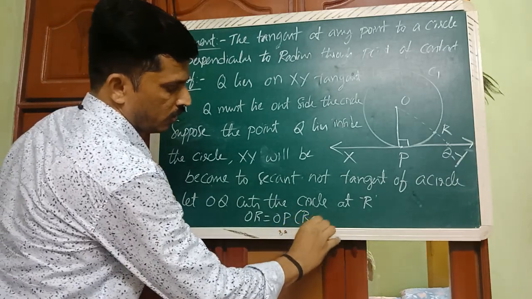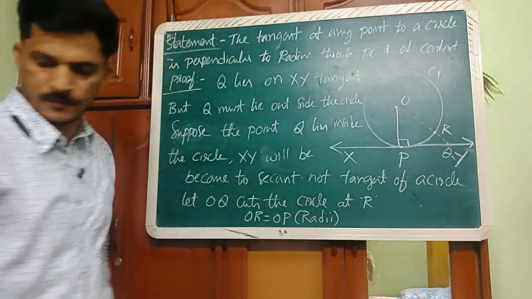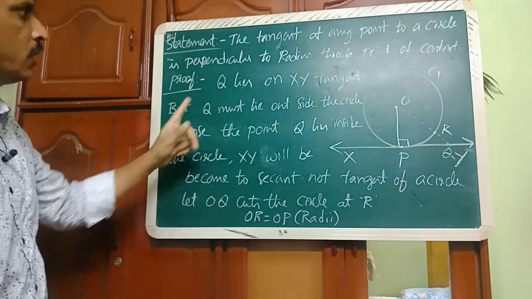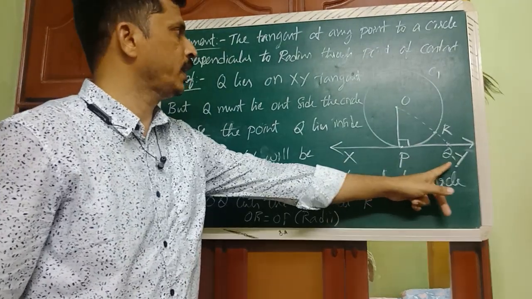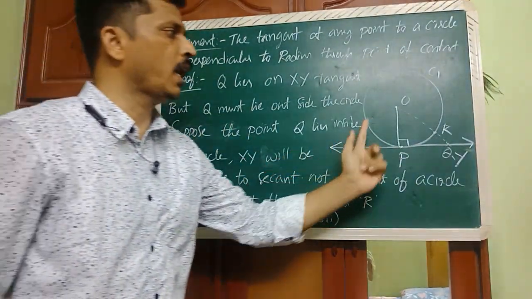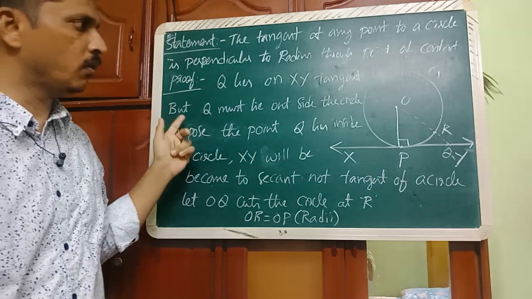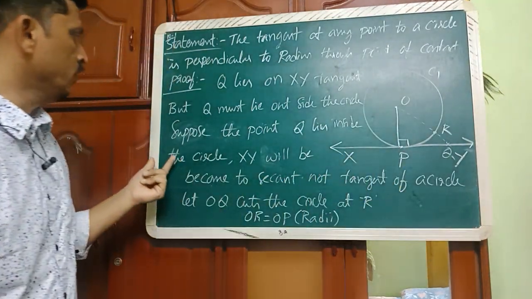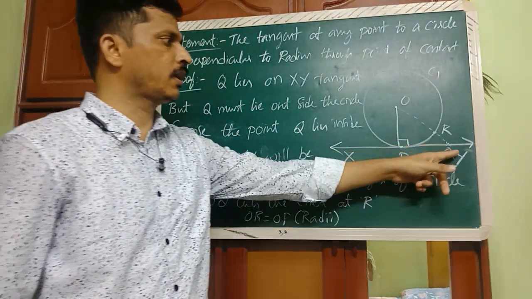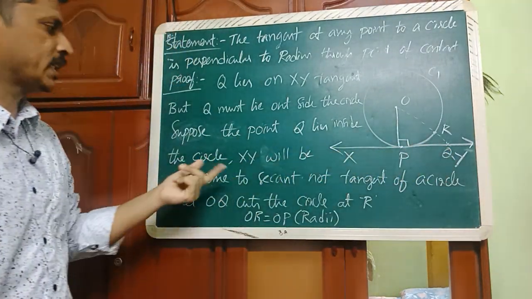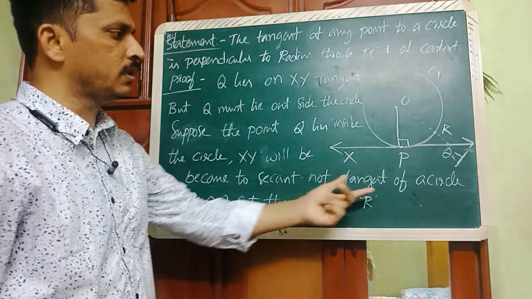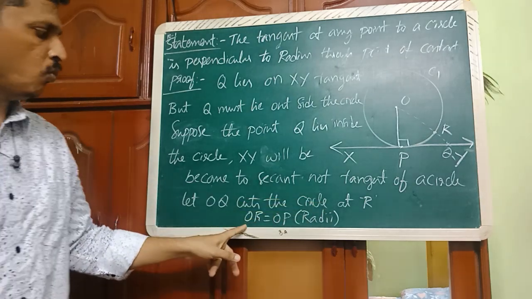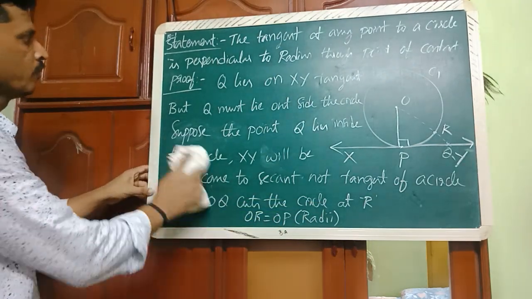Up to here clear? Q lies on XY, but Q must lie outside the circle, because according to the definition of tangent only one point lies on the circle. If Q did not lie outside, XY would become a secant, but you have to prove for the given tangent of a circle. So let OQ cut the circle at R. OP is equal to OR, both radii.